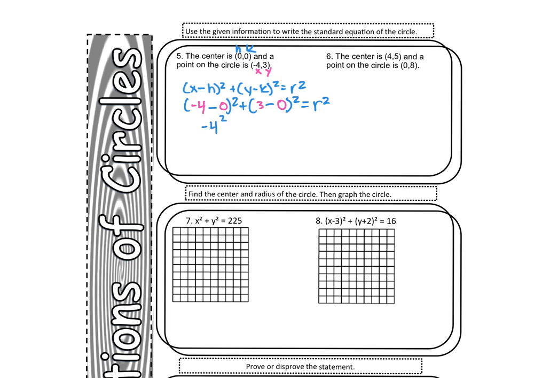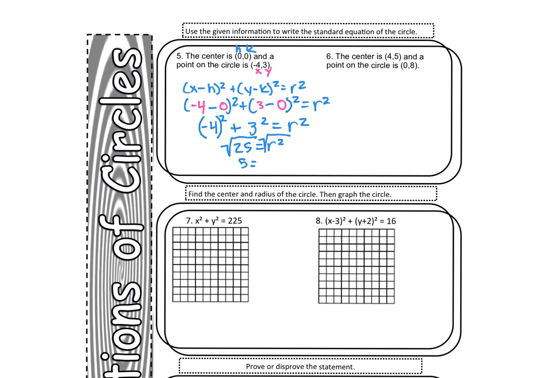And if you were typing this in the calculator, we need to remember if we're squaring negative numbers, we have to put them in parentheses. 3 minus 0 is just 3. And then we square it. So now we could put all this in the calculator. We have 16 plus 9, which is 25. And that equals r squared. But we need r, so we're going to take the square root of both sides.